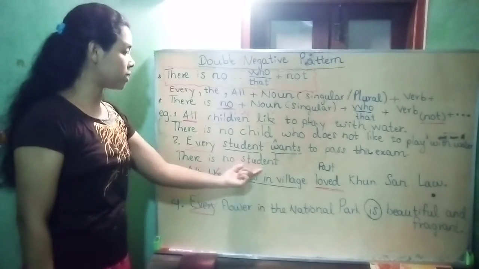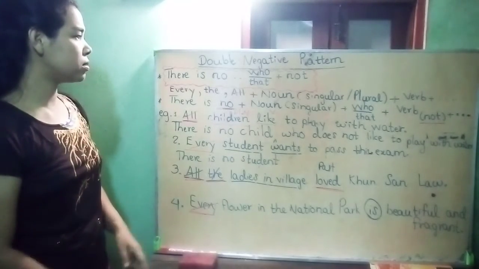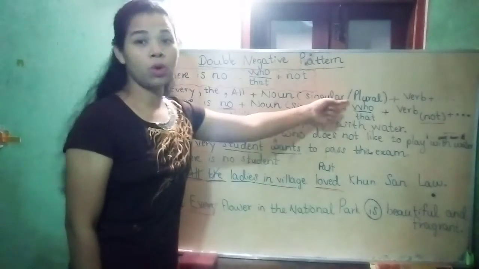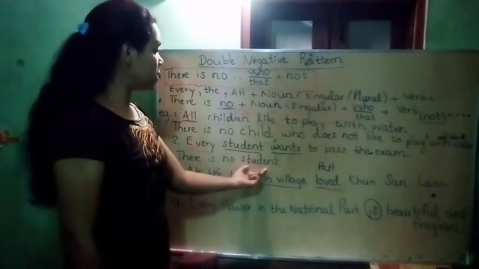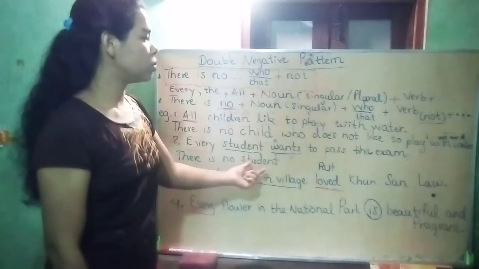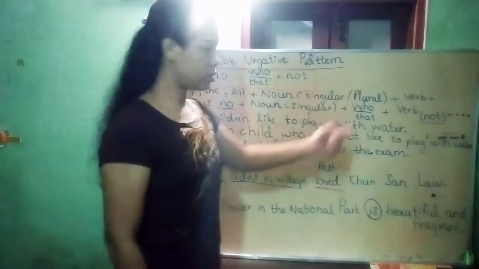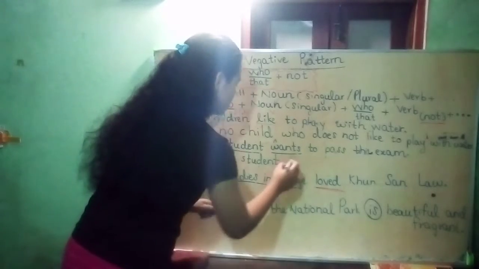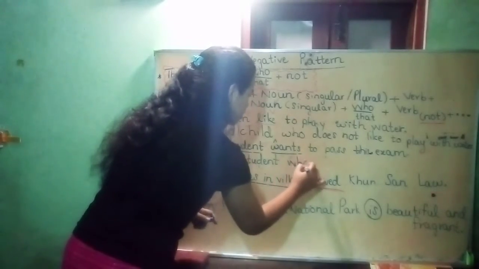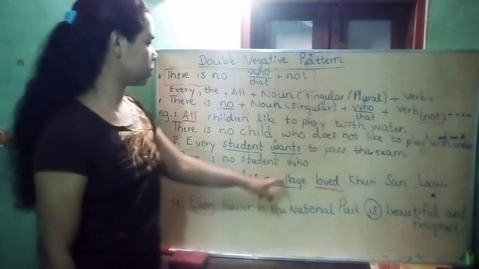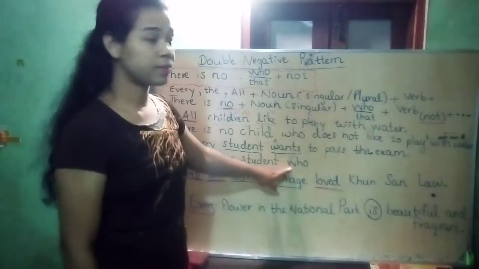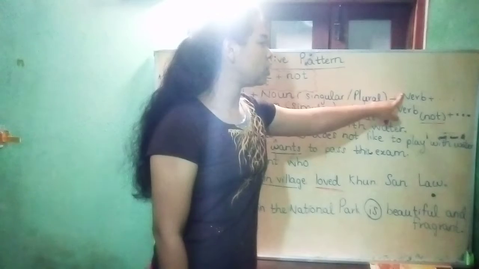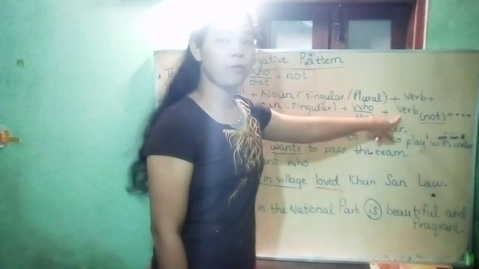There is no student. And then you should decide the conjunction, who or that. Student is a kind of person, so who will be used as the conjunction. And the next step comes, the verb. You need to change it into negative form.